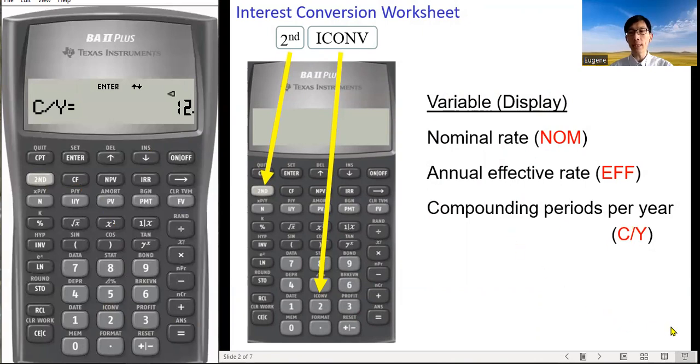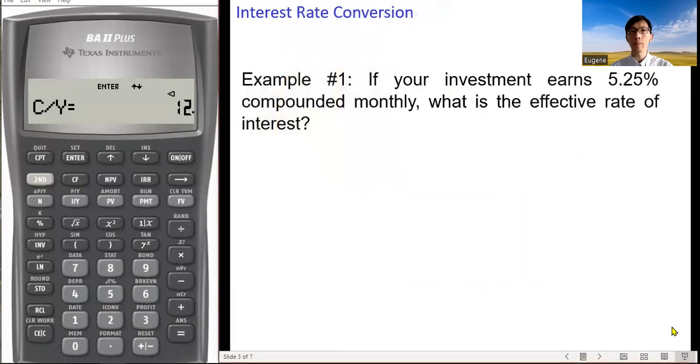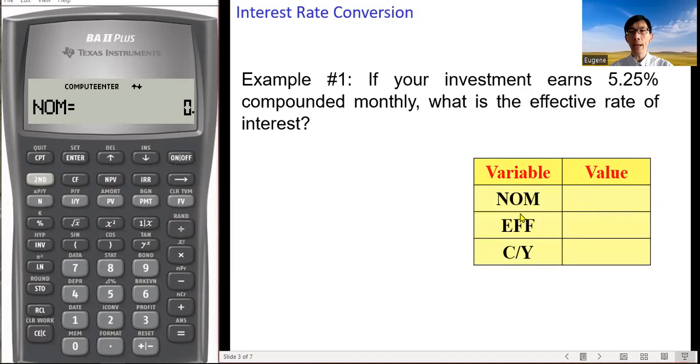Let's take a look at a series of examples. If your investment earns 5.25% compounded monthly, what is the effective rate of interest? The variable NOM, the nominal rate, is 5.25.